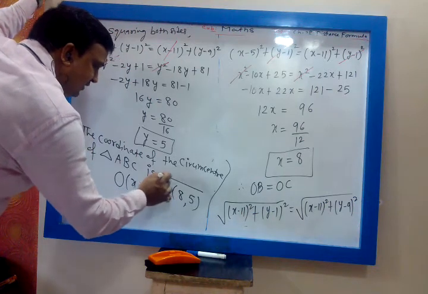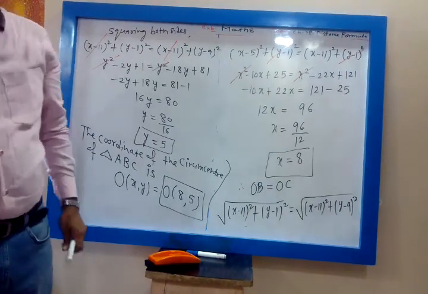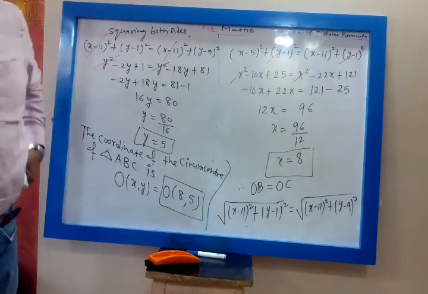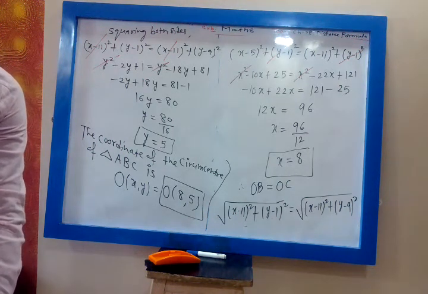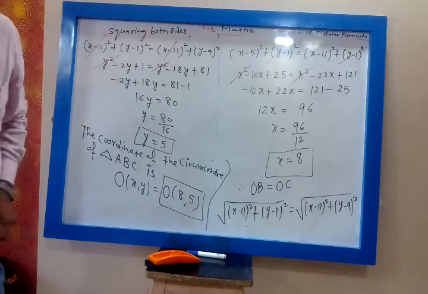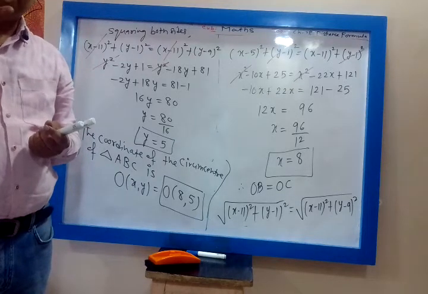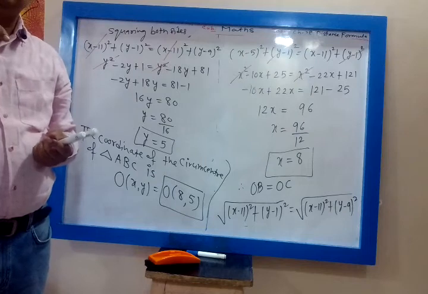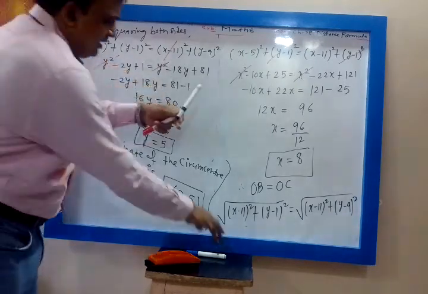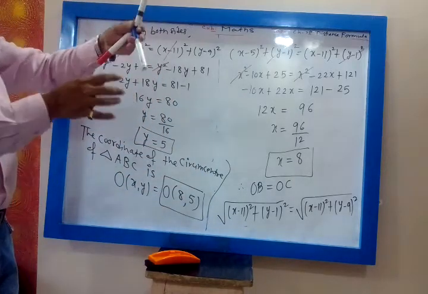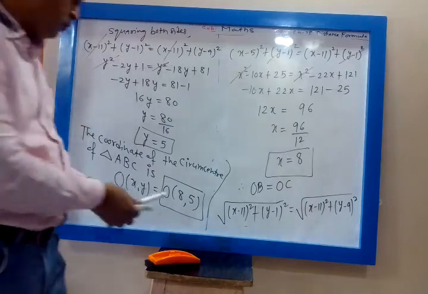So 8 comma 5 is the coordinate of the circumcenter. Is it clear? So this point you have to remember: all three vertices are at equal distance, so OA is equal to OB is equal to OC.